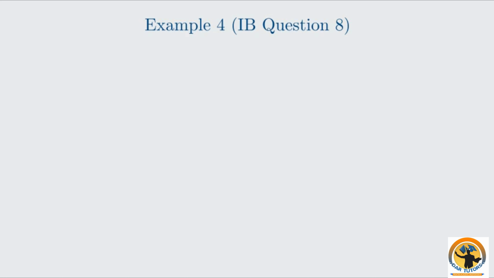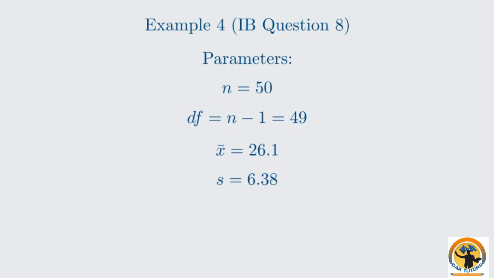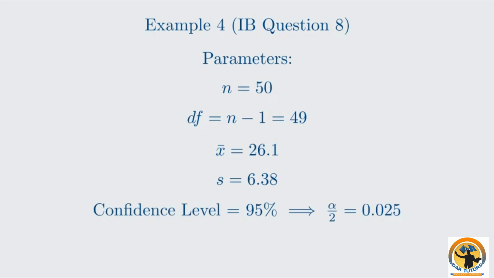We will use a 95% confidence interval for the mean protein content of the battery cage chickens. The parameters are: sample size n is 50, so degrees of freedom are 49. The sample mean X bar is 26.1, and the sample standard deviation S is 6.38. For a 95% interval, alpha over 2 is 0.025.